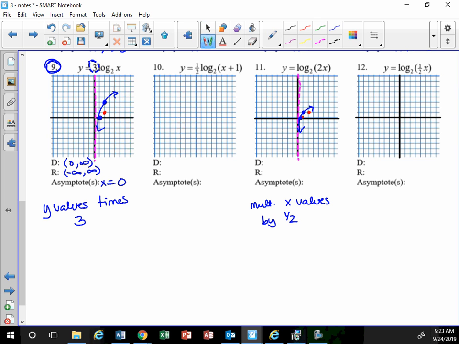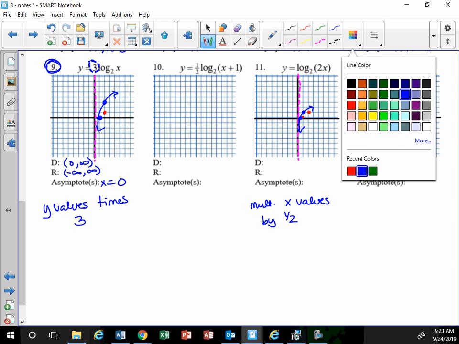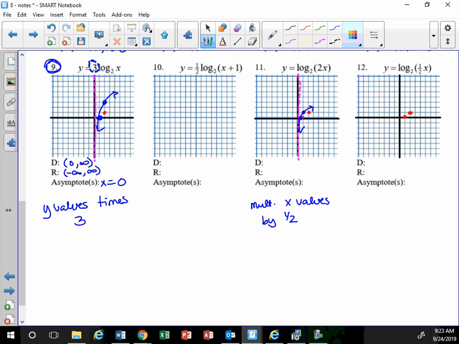So let's look at 12. We'll just go through that one together too. Start with (1, 0), (2, 1). This time there's a half in with the x. So what do you think we're actually going to do? Multiply by 2. Yep. So instead of (1, 0), that's going to be (2, 0). And instead of (2, 1), that's going to be (4, 1).